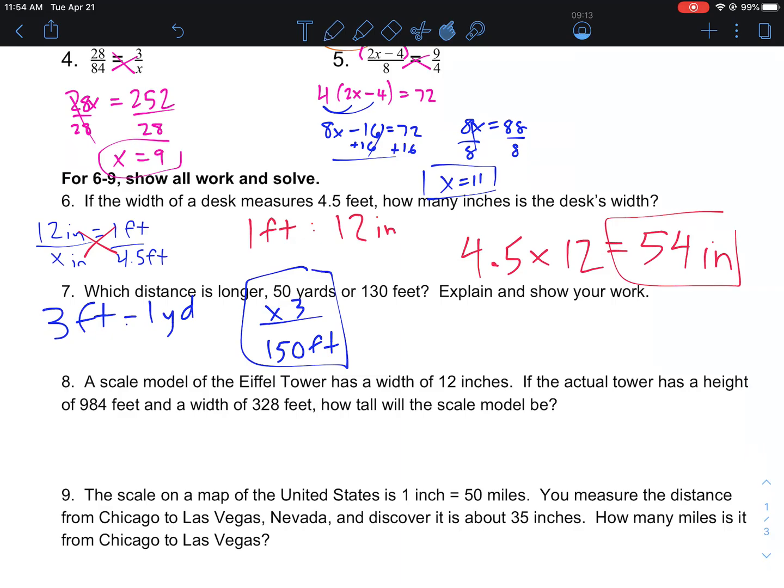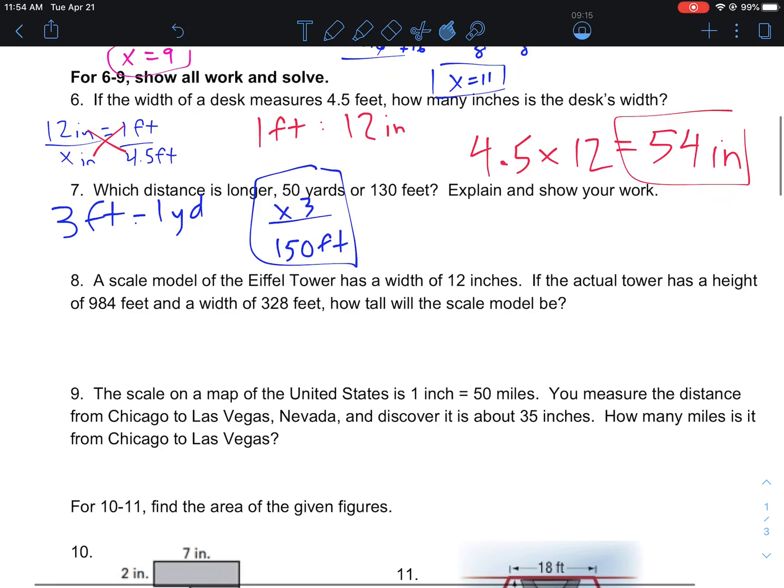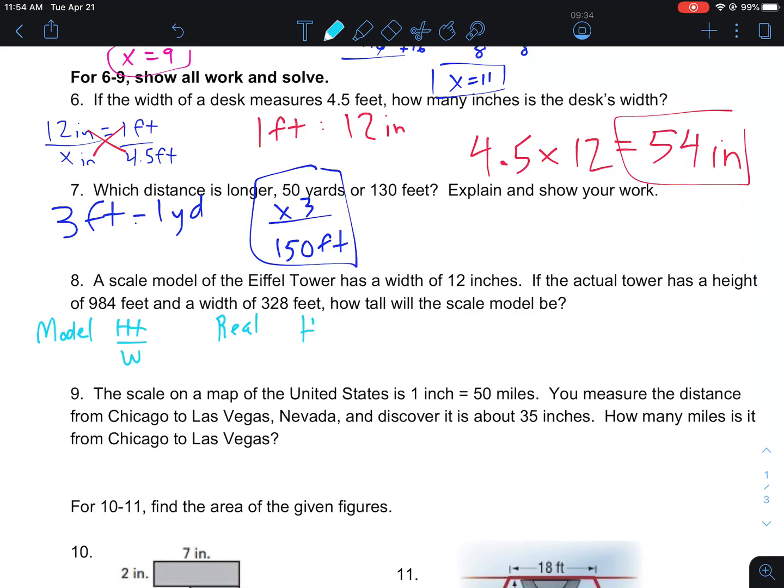All right, now number 8, they actually mention the word scale. So again, you could do a proportion here. If you're comfortable with a proportion, you could say, all right, I have the model of the Eiffel Tower and I have the real thing. Let's compare the height to the width and the height to the width.